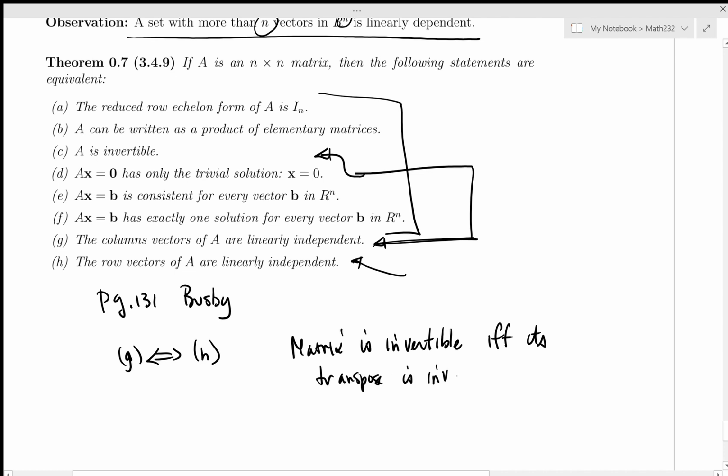That's the key insight here, because that turns the column vectors into row vectors. So the column vectors of A being linearly independent means those are the same vectors, the row vectors of the transpose. Okay, so we're done. That's the basic insight there.